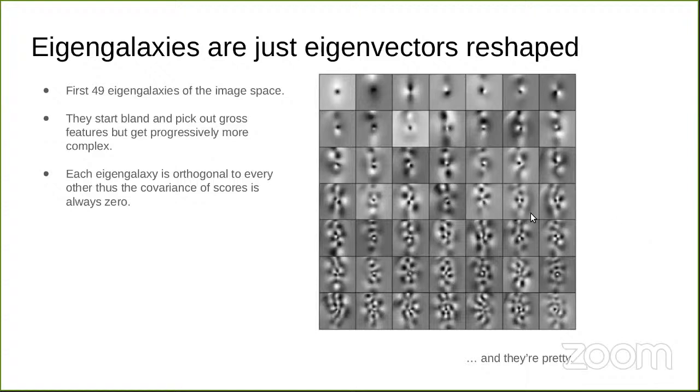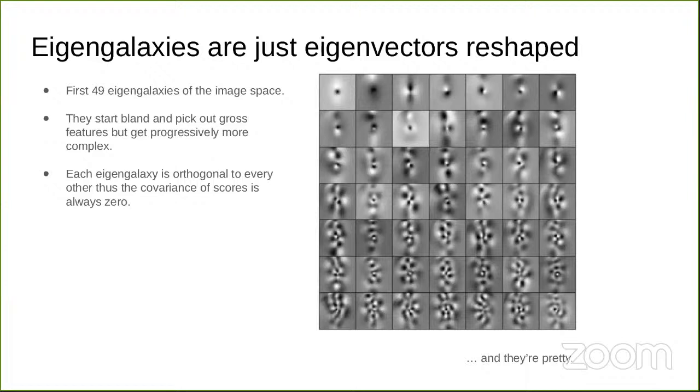The dimension of an eigenvector is the same as the dimension of the whole thumbnail, so it ends up being a 1600 dimensional vector. As a result, what you can do is fold that back up to a 40 by 40 thumbnail to see what it emphasizes and de-emphasizes. When you do that in our model, this is what you get: a set of template shapes, the combination of which is able to reconstruct any given galaxy to a certain fidelity.